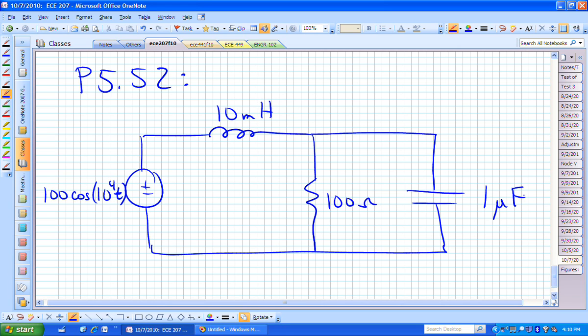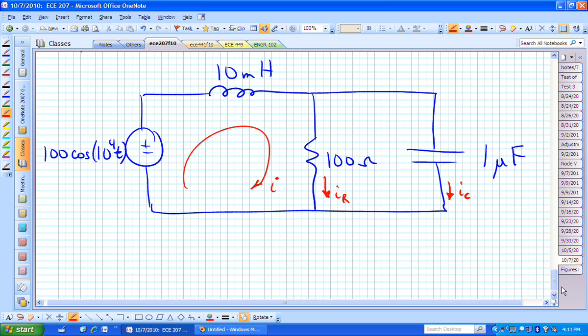So we need to find the phasors for I sub R, and I sub C, and I need to define those, but those are fairly clear what those are. Here is I. Here is I sub R, and there's I sub C. But we want to find those in phasor form.